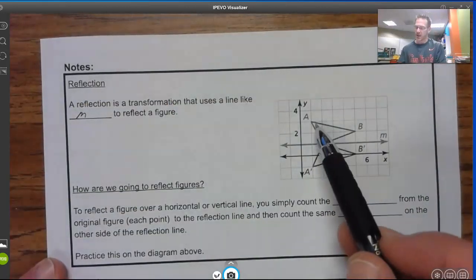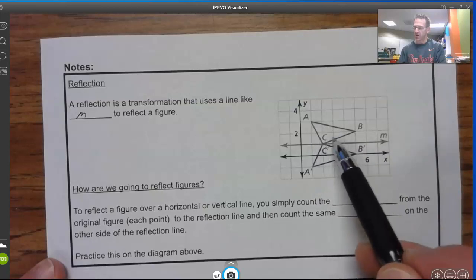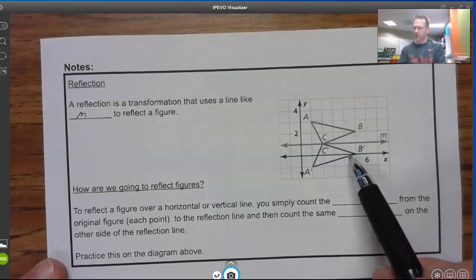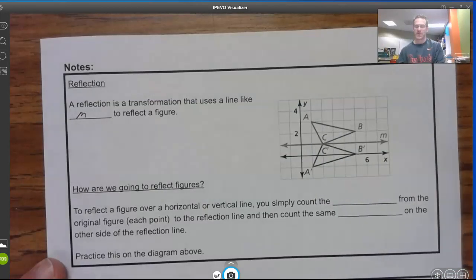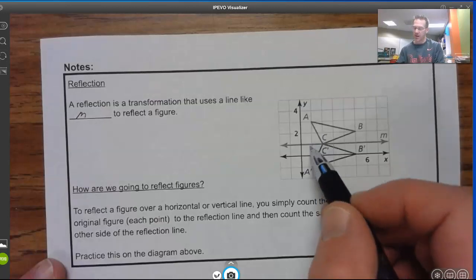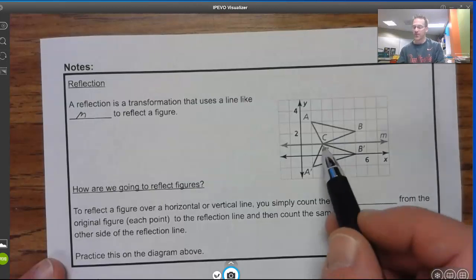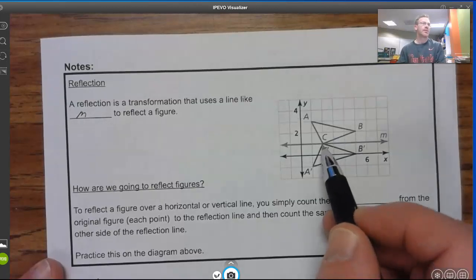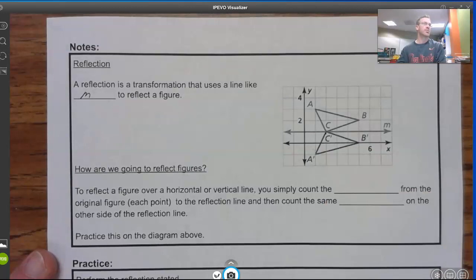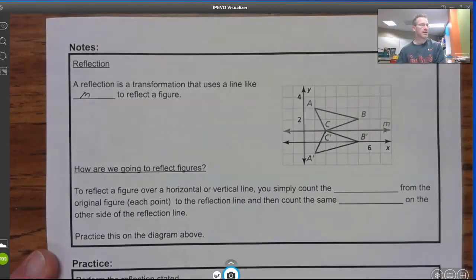You can see we're just reflecting triangle ABC over line M, and we get triangle A prime, B prime, C prime. Once again, A is 2 units away, A prime is 2 units away, B is 1 above, B prime is 1 below. Now, if your point is on the line you're reflecting over, it's not going to move, because it has a distance of 0, so it's going to stay a distance of 0.